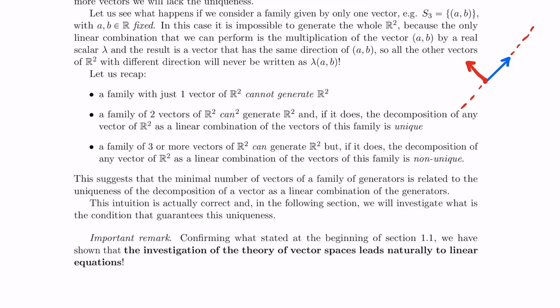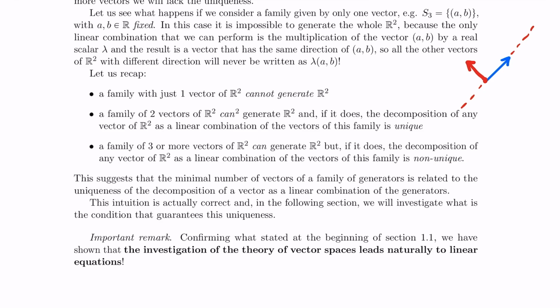Secondly, a family with two vectors of R2 can generate the whole R2, and if it does, the decomposition of any vector of R2 as a linear combination of the vectors of this family is unique. Thirdly and finally, also a family of three or more vectors of R2 can generate the whole R2, but if it does, the decomposition of any vector of R2 as a linear combination of these three or more vectors is non-unique.